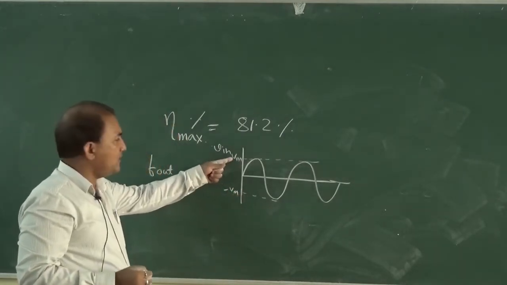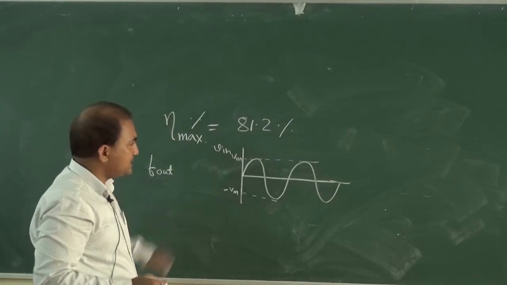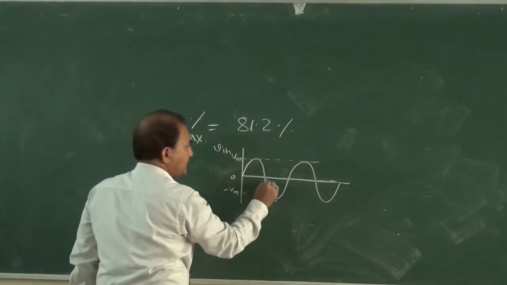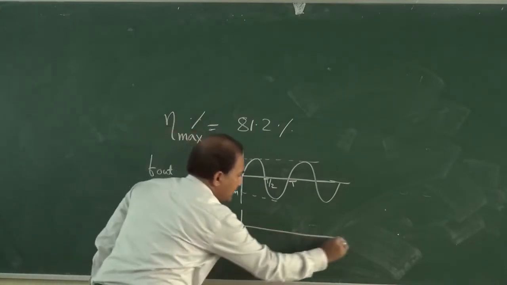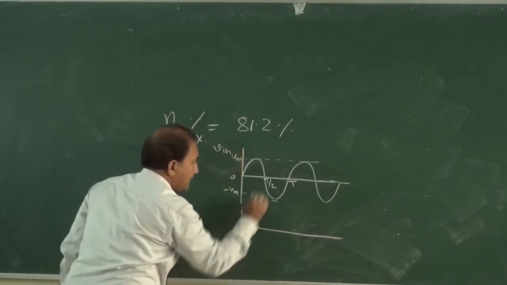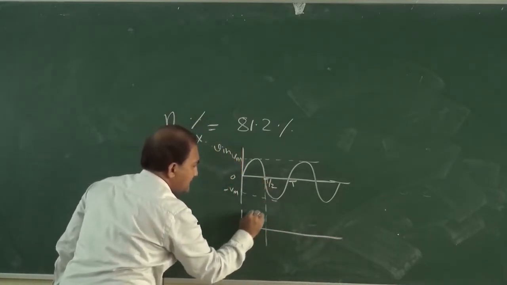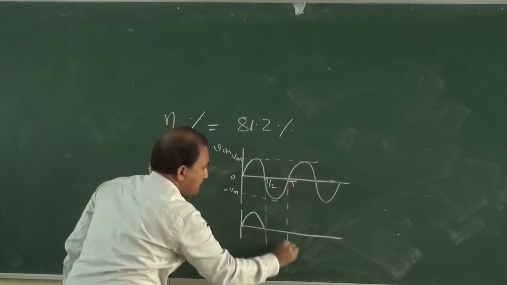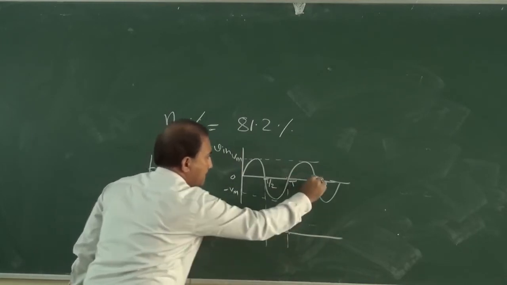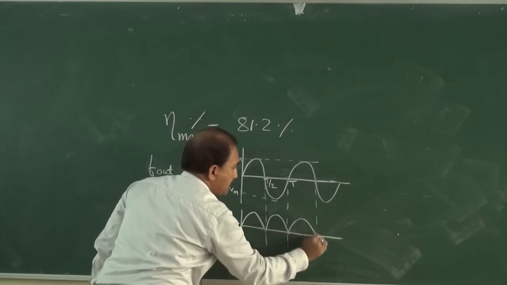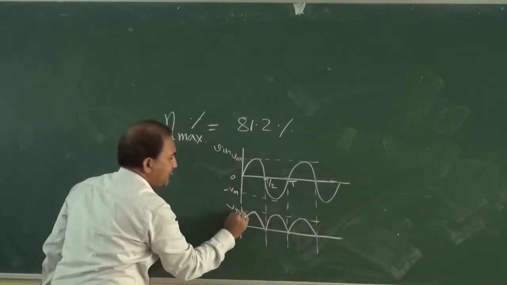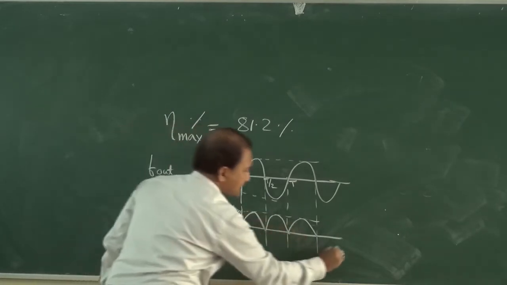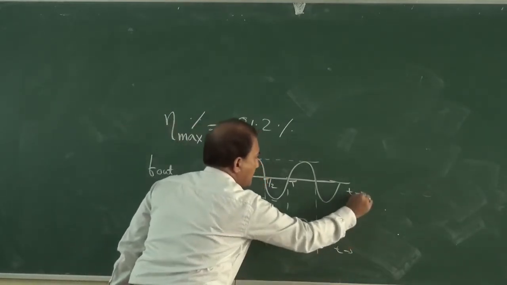Vm is the peak value of this input signal. This is 0, T by 2 and this is T. The output signal will be like this. Again, this is Vm and V out versus T.